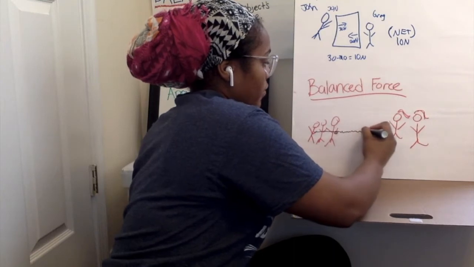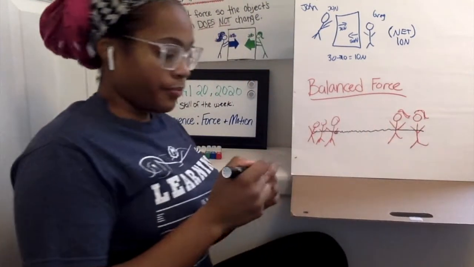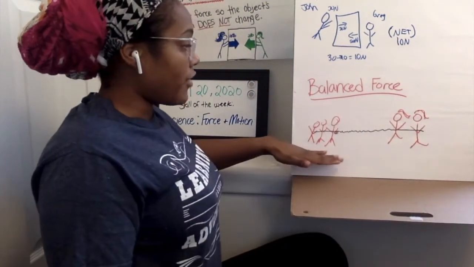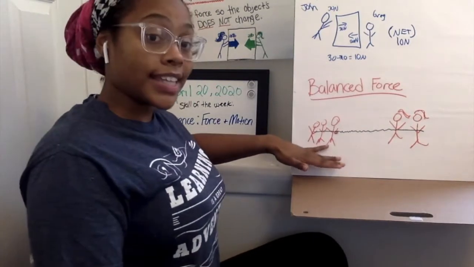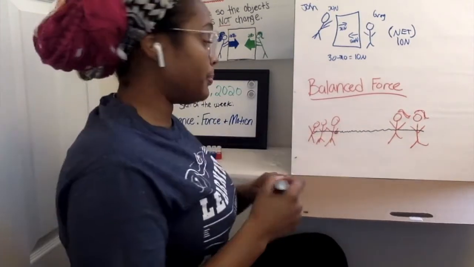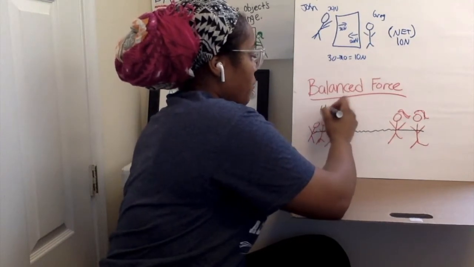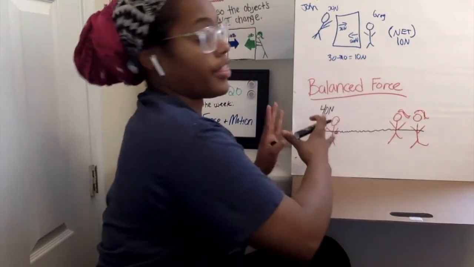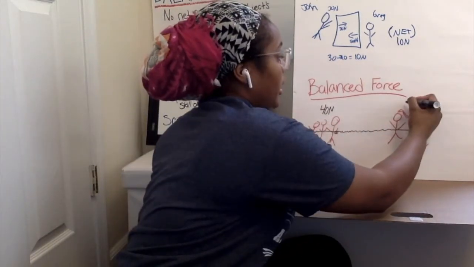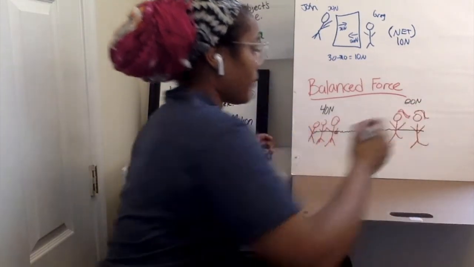Now, if there's three kings, and there's two queens, there should be more strength, I would say, on this side, and less on that side.